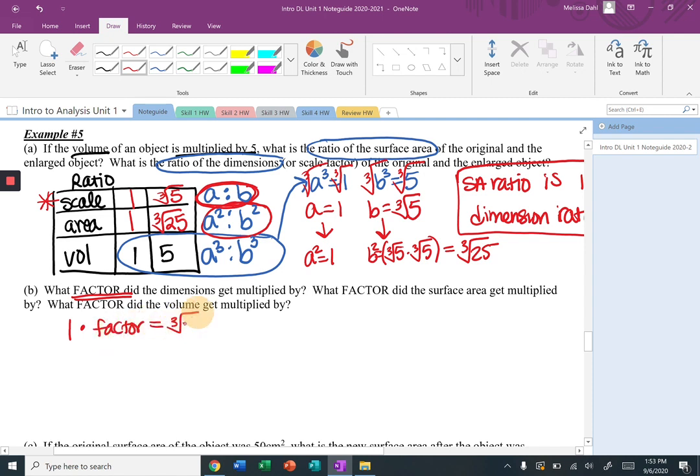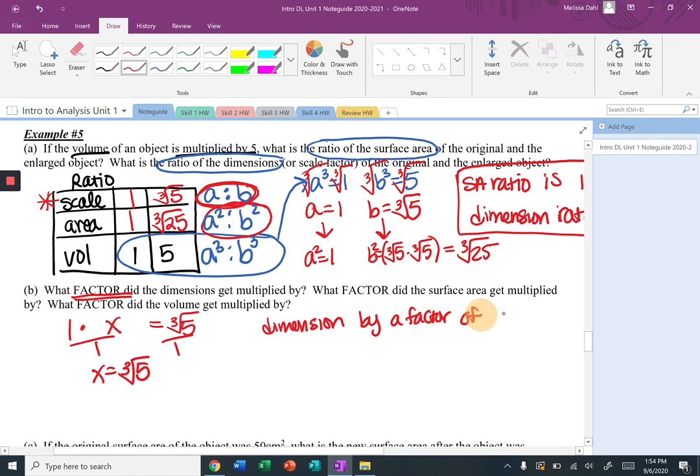So the factors, what I'm looking for are my variables. So 1 times what equals the cube root of 5, and I get the cube root of 5. So the dimensions by a factor of cube root of 5, and you can repeat that process.